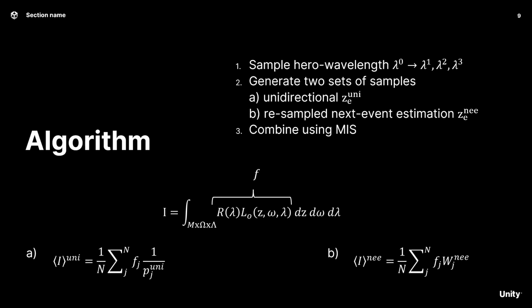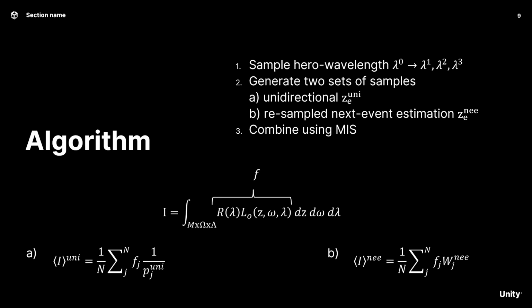That is, we have the contribution F divided by the probability of generating that sample P. Whereas in the second case, with the resampled next event estimation points, we have an estimator in the form of contribution F multiplied by the unbiased contribution weight W. And also thanks to the generalized resampled importance sampling and the previous works, we are able to combine these two through multiple importance sampling.